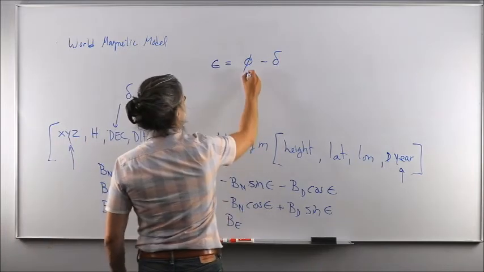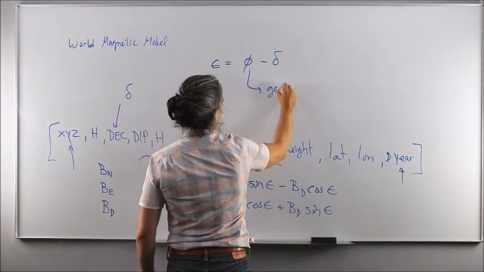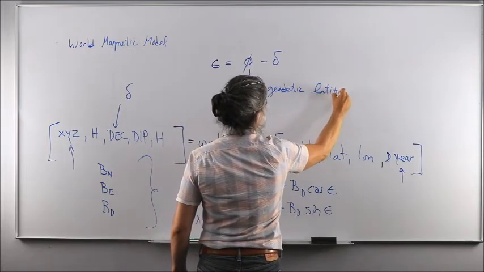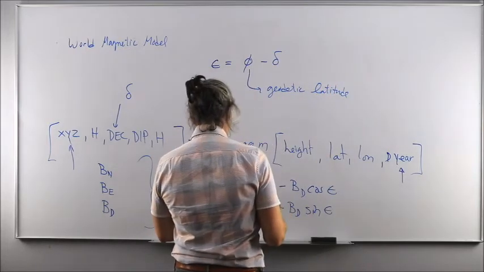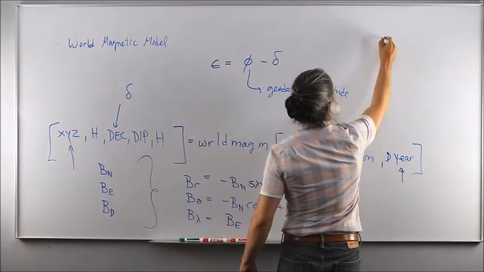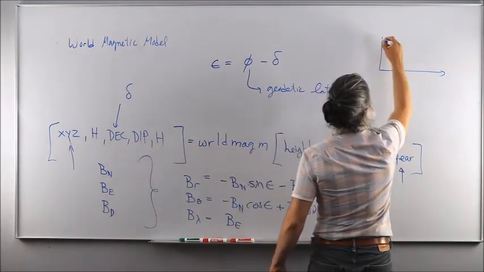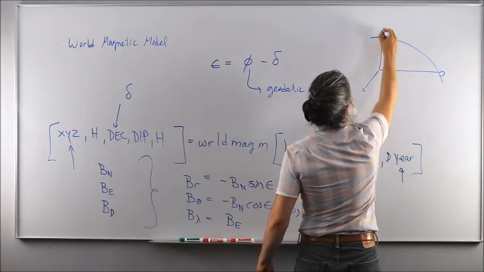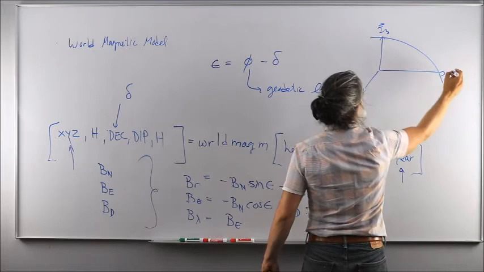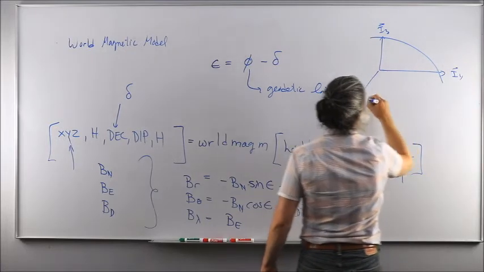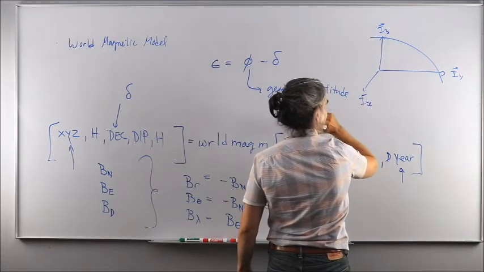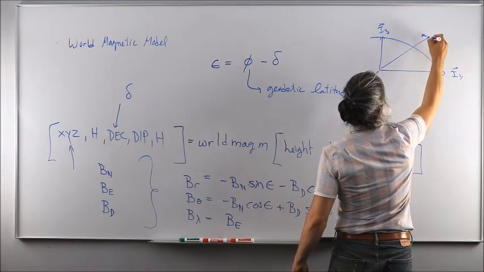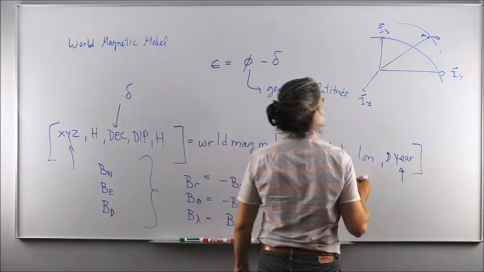Okay, so this is the geodetic latitude, which corresponds to, if you look at a quadrant of the Earth, this is IZ, this is IY, and IX to be out of the board like that. So the spacecraft happens to be here, orbiting around the Earth along its orbit.